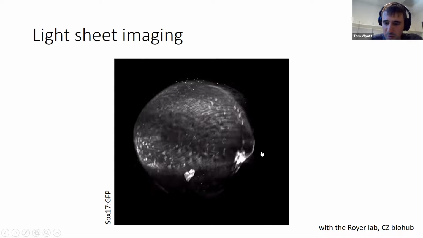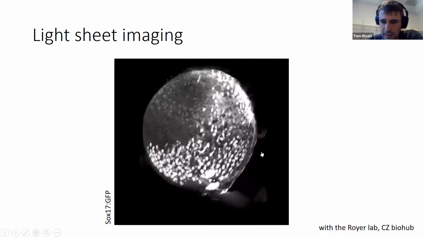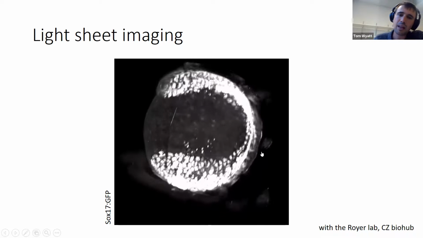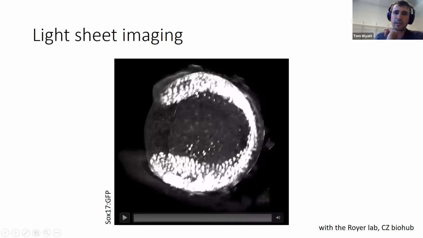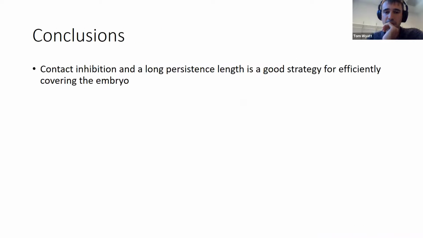We're teaming up with the Royer lab at the CZ Biohub, and we've obtained videos like these, where we can see the endoderm cells migrating during this point of development. And we're really at the point now where we're trying to segment these images and track the cells in their migration, so that we can make these more direct comparisons between the simulation results and experiment.